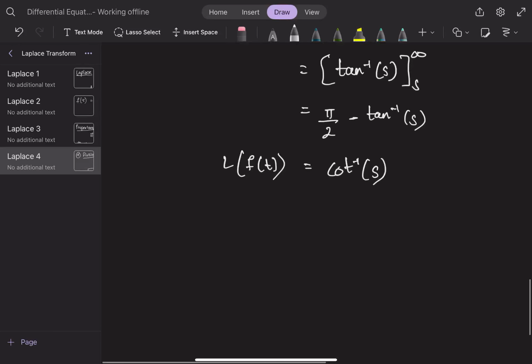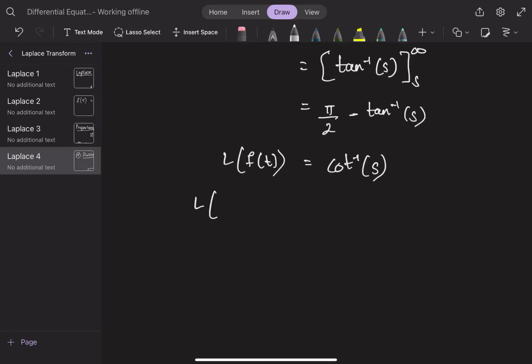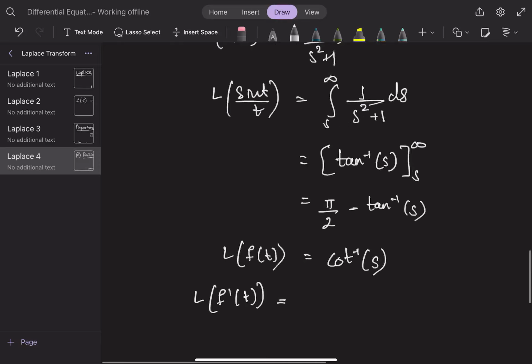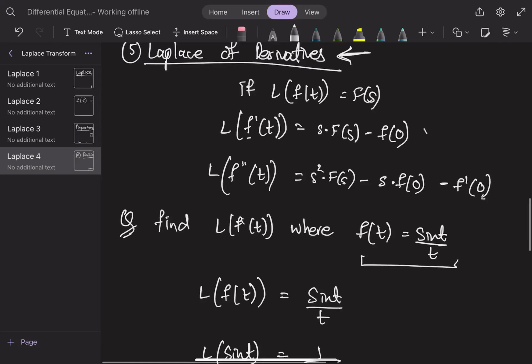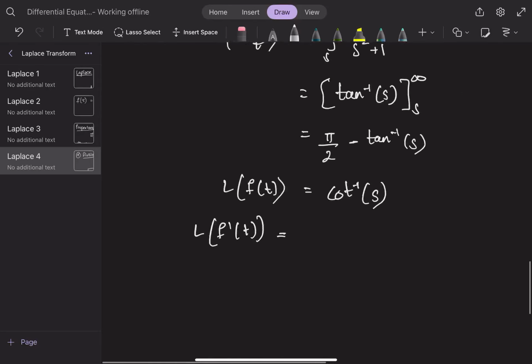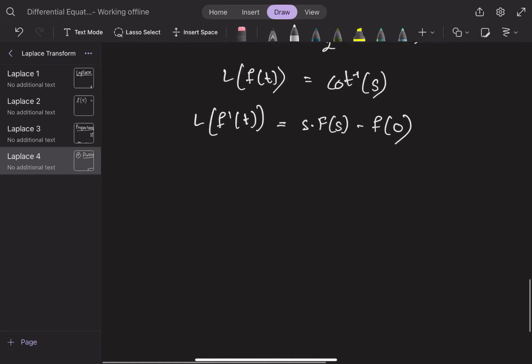So now we have Laplace of f(t). Now let's calculate Laplace of f dash (t). So this is given to you by s F(s) minus f(0). s F(s) minus small f(0). So this is s of cot inverse s minus f(0).